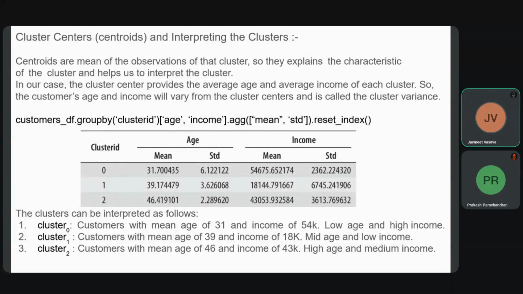Then for cluster ID 2, we have 46.4 years of age and 43K of income. And you can also say cluster 0 is low age and high income, cluster 1 is mid age and low income, and cluster 2 is high age and medium income.